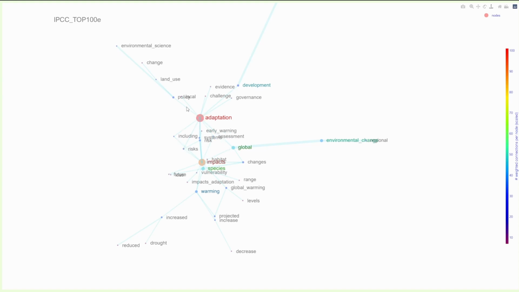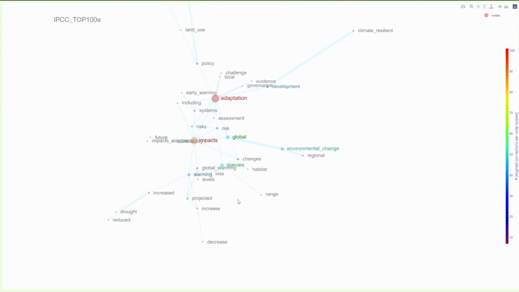So this is interesting. So then we have here, let's say this is a half plane. We have here adaptation, the political, the land use, the change, the environmental science, evidence, challenge, development, whatever. And then down we have global warming, the warming, increase, projected, decrease, the droughts. That's interesting. The impact adaptation, the loss whatsoever.